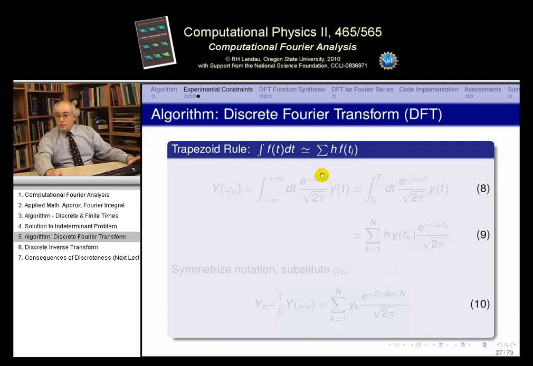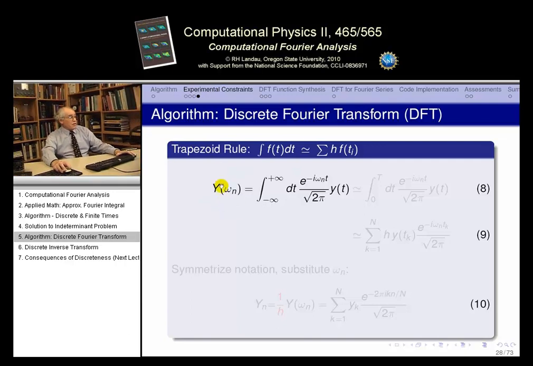We're using the trapezoid rule. As always, we'll approximate an integral of a continuous function by a discrete sum. What do we have? First, we have the Fourier spectrum, the Fourier transform, Y of omega sub n, integral from minus to plus infinity, and we assume, just as we have any series, the function only will be analyzed from one period, from 0 to T, the only time it exists, and then we just analyze it with a finite sum over that period.